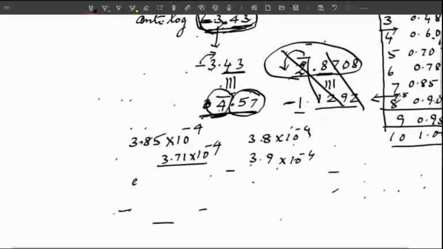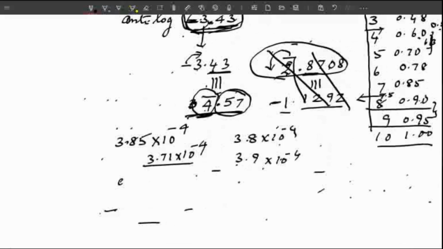Our value 3.8 is very near to this; 3.9 is far away. But if you work it out repeatedly, you will easily find the antilog of a negative number. Therefore, for negative numbers you have to do more exercises.